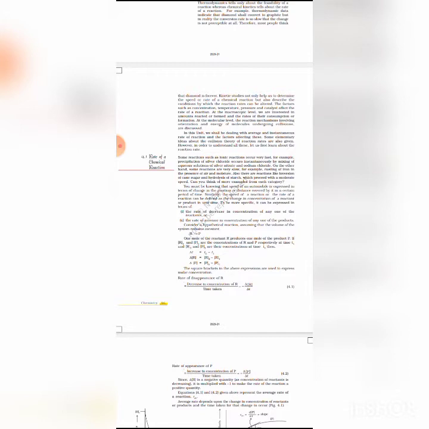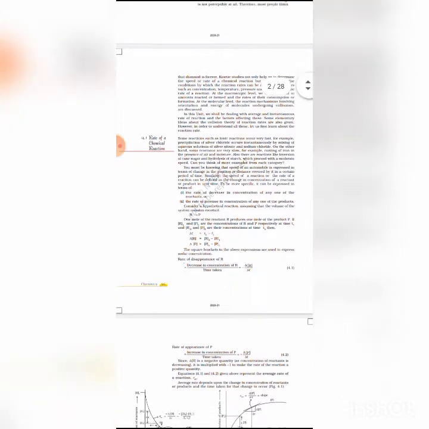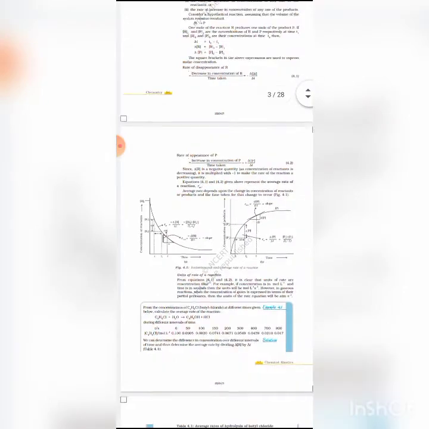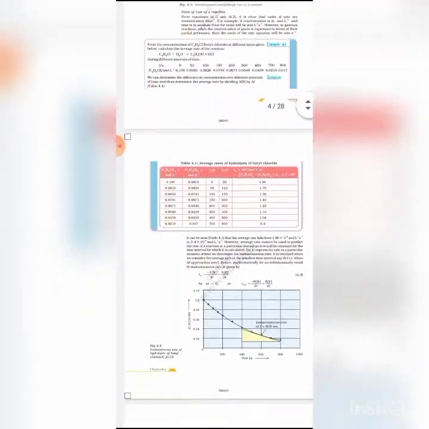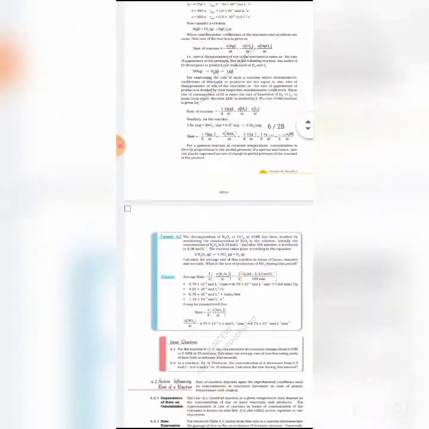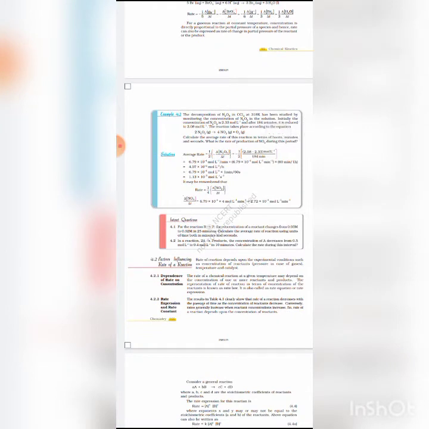Okay, order of the reaction may be defined as the sum of the powers of the concentration of the reactants in the rate law expression.